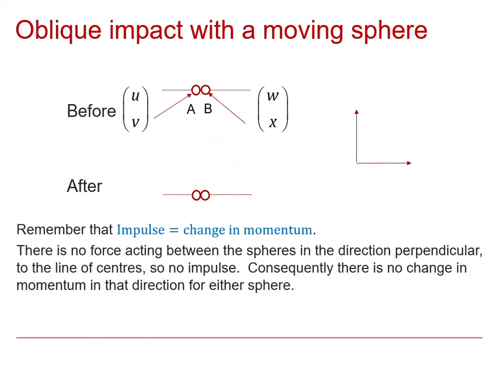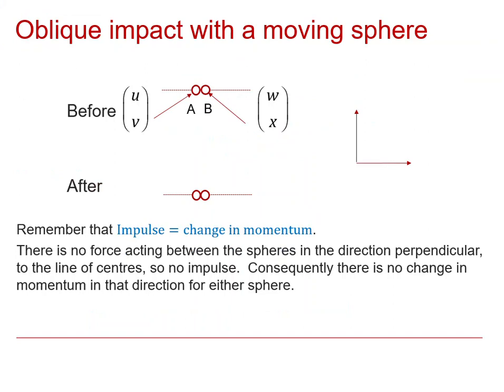Now that has the consequence that since we assume the spheres are smooth, there's no force acting in the y direction that's perpendicular to the line of centres, and that means to say there can be no impulsive interaction between the two spheres in that direction. So conservation of momentum in this case means that each sphere's separate component of velocity will be conserved.